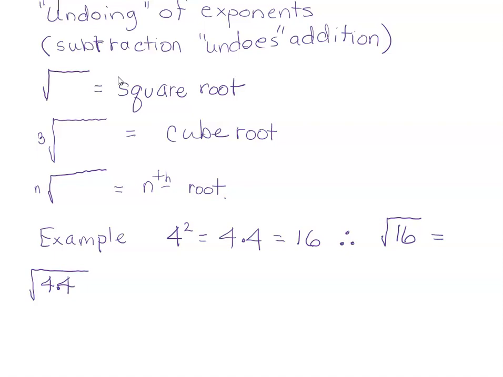So I have a square of 4s underneath the square root, right? Which means that when I undo them, I'm going to wind up having a 4.